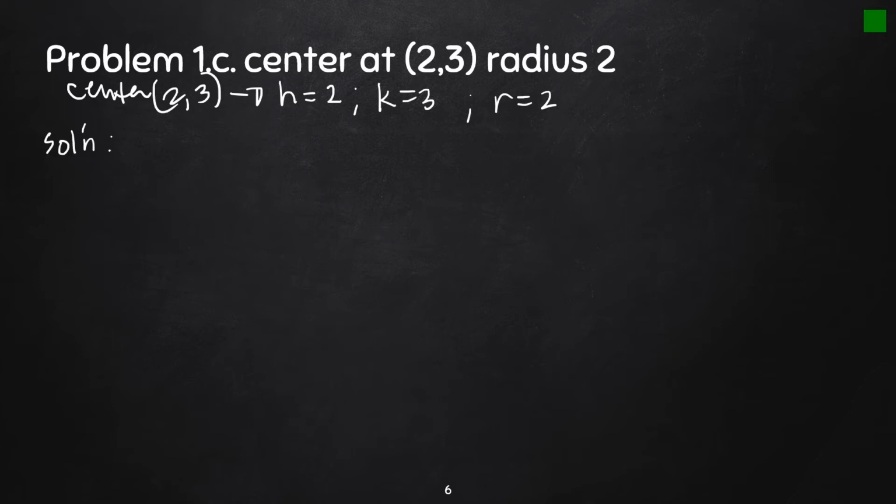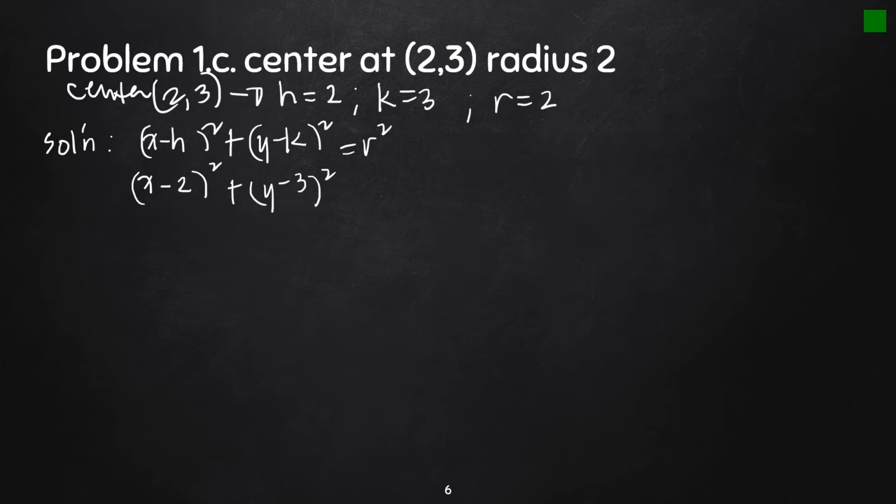Solution. The standard form of the equation of a circle is (x minus h) quantity squared plus (y minus k) quantity squared equal to r squared. Substituting the values above, we have (x minus 2) quantity squared plus (y minus 3) quantity squared equal to 2 squared.